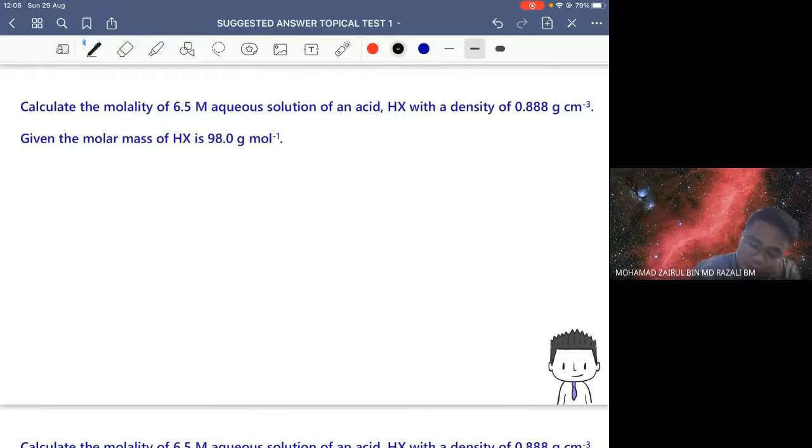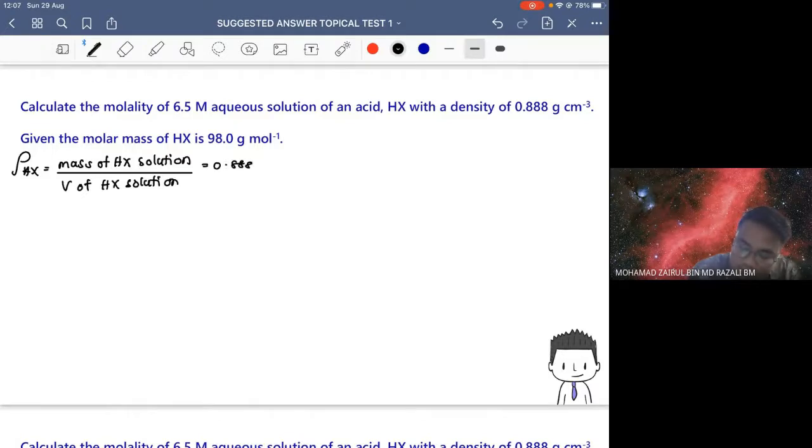Okay, so awak tulis lah. So the density of HX equal to mass of HX solution divided by the volume of HX solution, equal to 0.888 gram per centimeter cube.